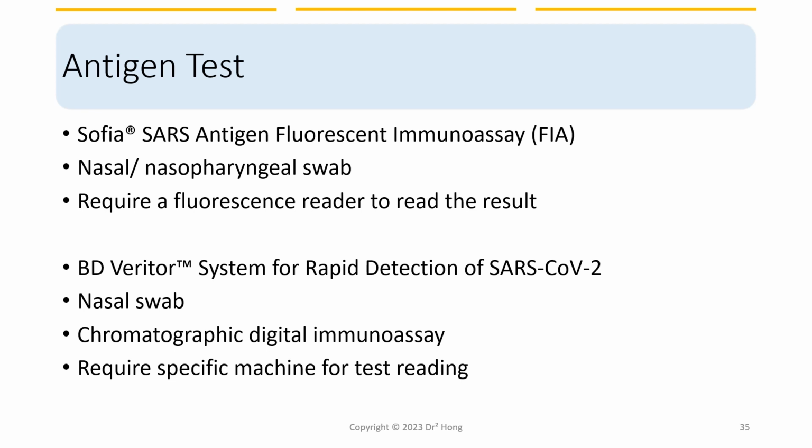Later on, several antigen LFA tests were authorized. Now, some require a machine to provide a readout and some do not, but the overall principle is still the same. Antibodies were used to detect protein antigens specific to the virus.